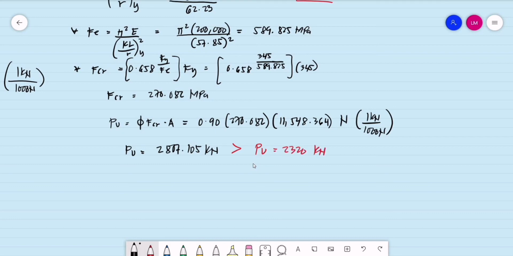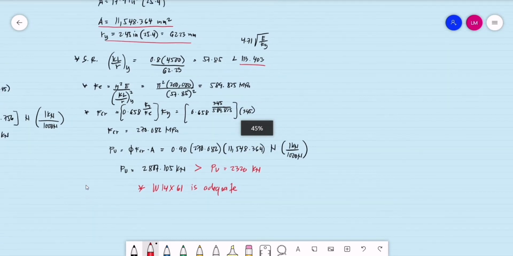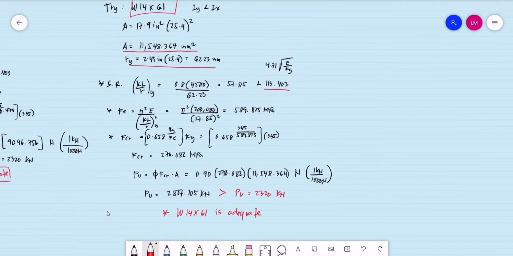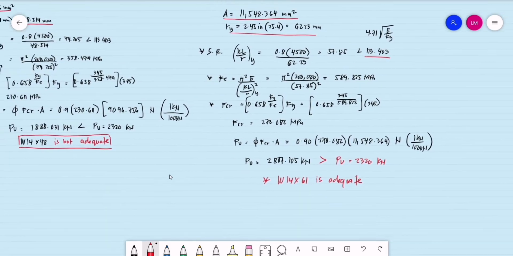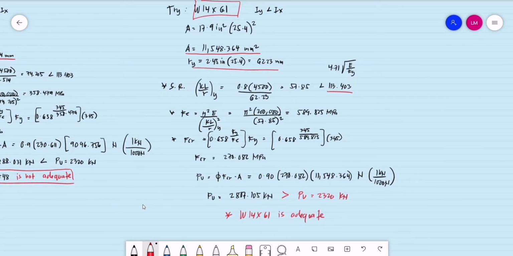So we can now conclude that the W14 by 61 is adequate to carry the P sub U of 2,320 kilonewtons. So we may use this section.